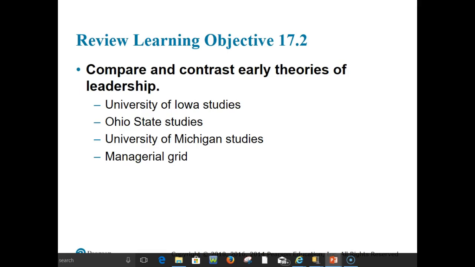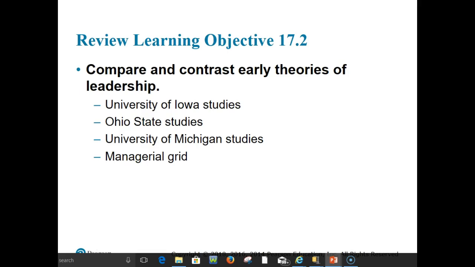Also, the Ohio State studies identified 2 dimensions of leader behavior: initiating structure and consideration. A leader high in both those dimensions at times achieved high group task performance and high group member satisfaction, but not always. And the University of Michigan studies looked at employee-oriented leaders and production-oriented leaders. They concluded that leaders who were employee-oriented could get high group productivity and high group member satisfaction.